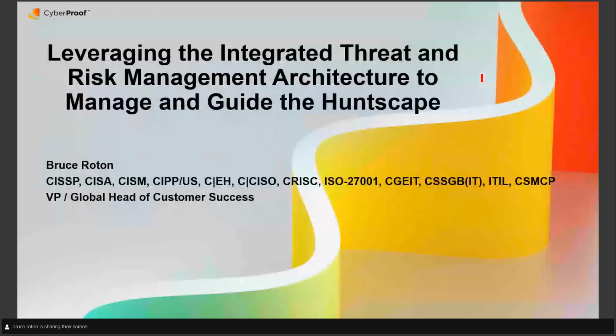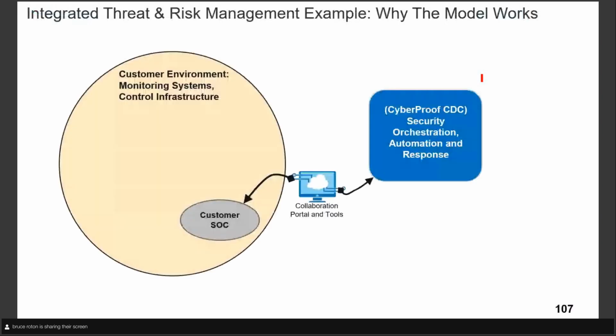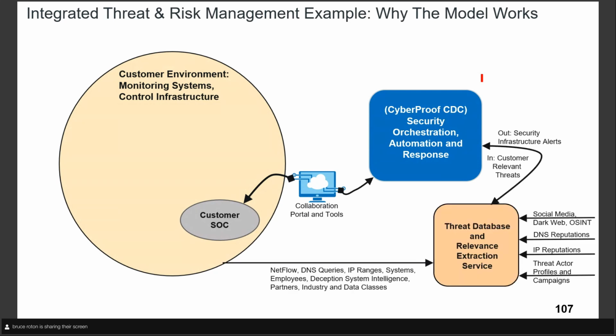So now let's look at how you can leverage an integrated threat management system. Most companies, and I use our company as an example, when they're setting up a SOC, they're pulling logs from the customer environment, doing some analysis on that. But what you really need to do is have a system that links in threat intel.